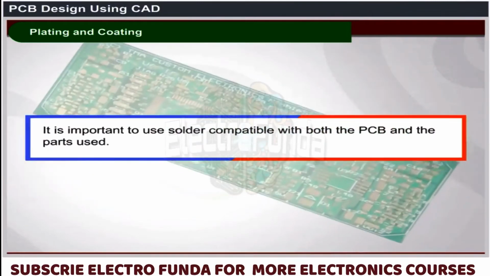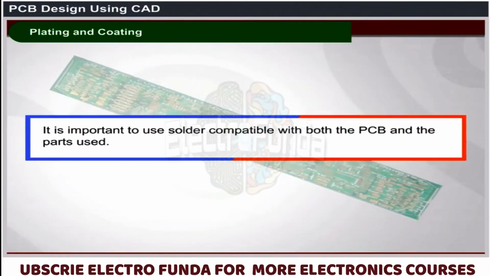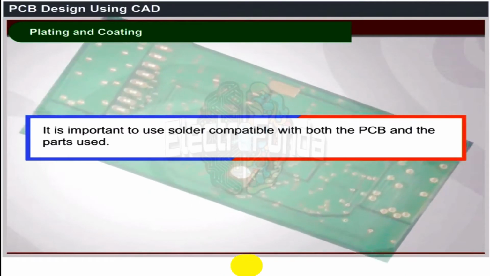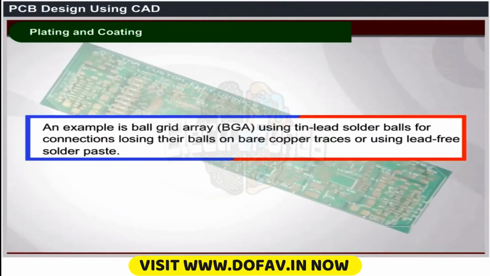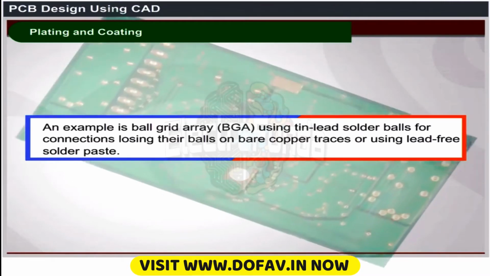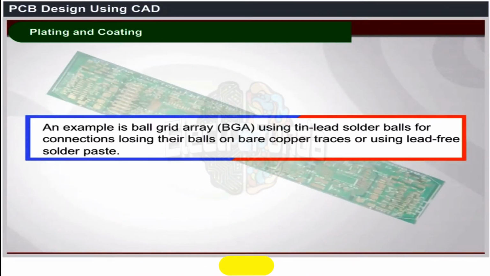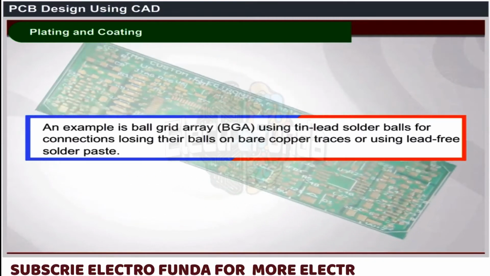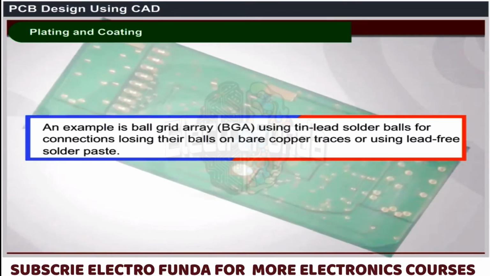It is important to use solder compatible with both the PCB and the parts used. An example is ball grid array (BGA), using tin-lead solder balls for connections, losing the balls on bare copper traces, or using fine lead-free solder paste.